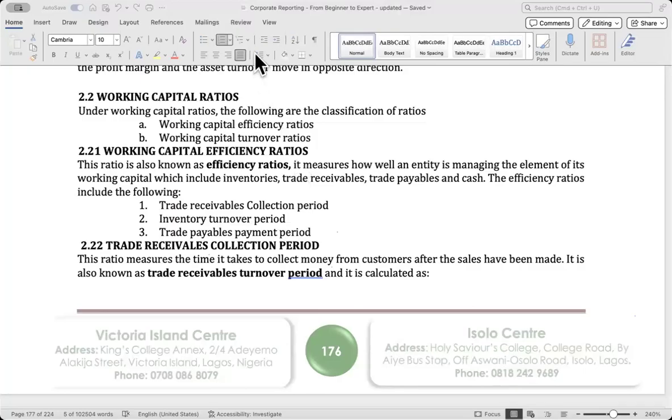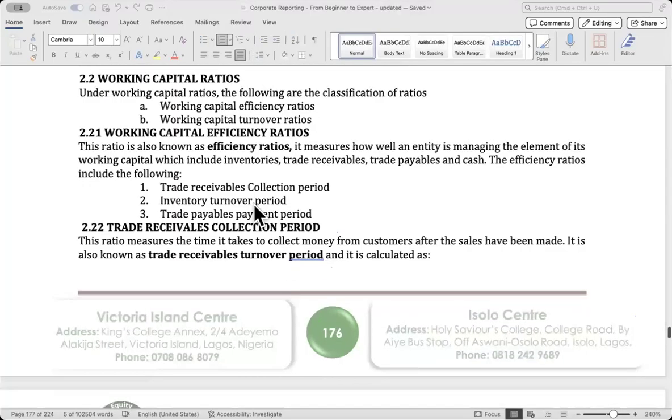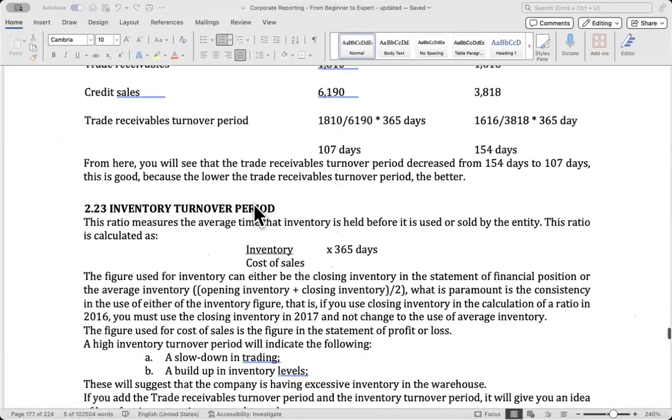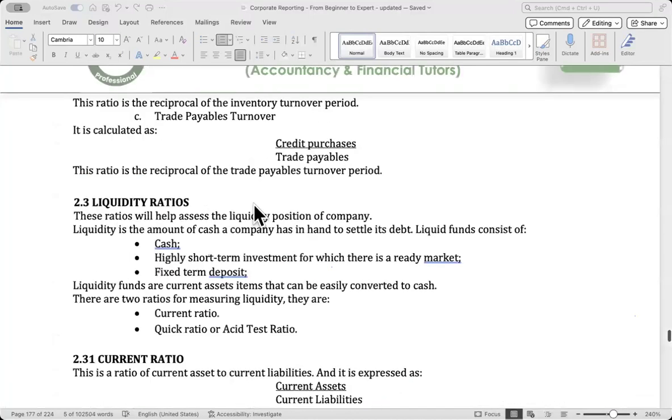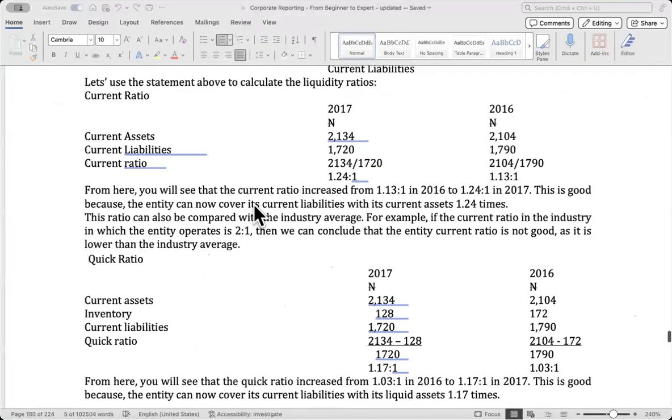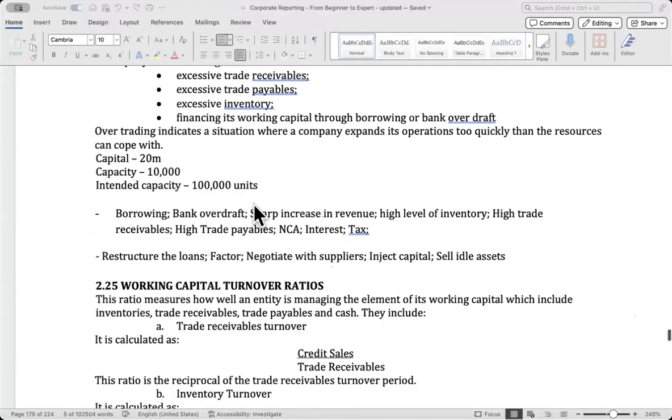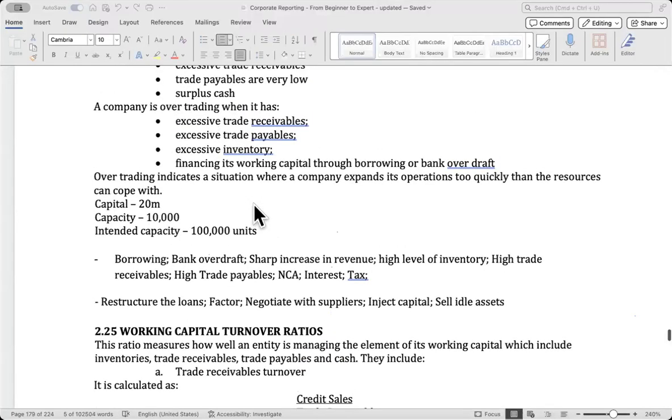When a company is overtrading, it's usually indicated by this. Let me show you. Yeah, I have it here. It's usually indicated by a company, for example, that has 20 million naira capital, and this 20 million can only do, let's say, 10,000 units of whatever it sells.